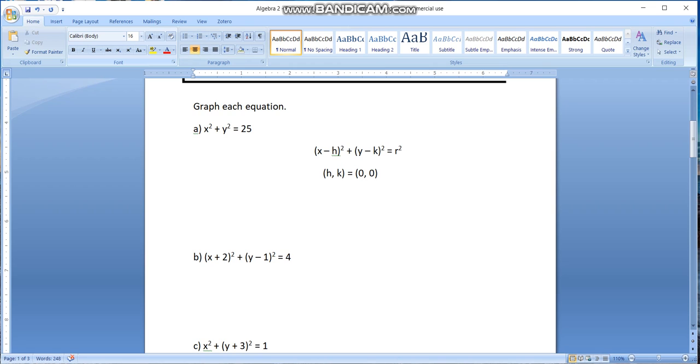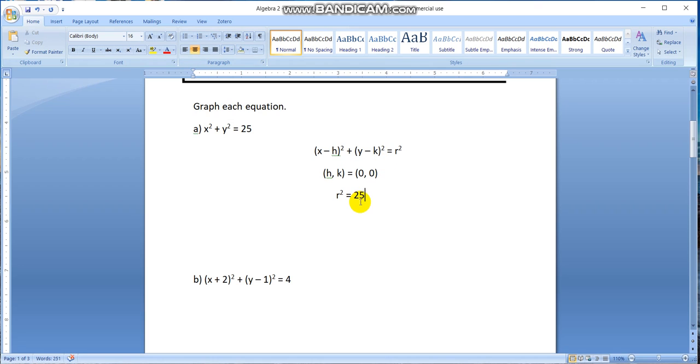What we want to do next is determine our radius. The radius, r, is defined by r squared, which in this case is this part here. So r squared equals 25.